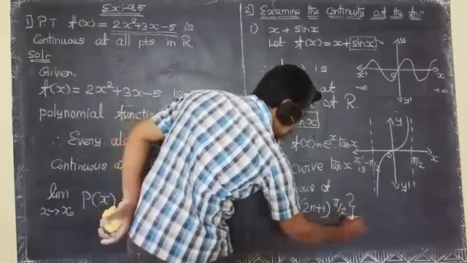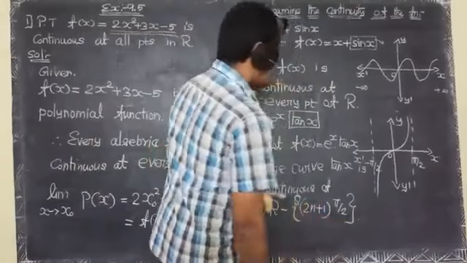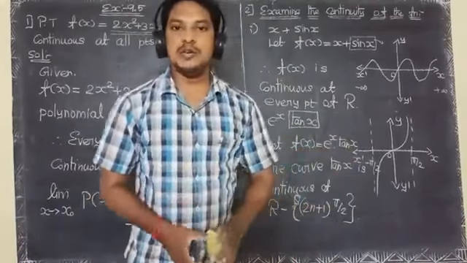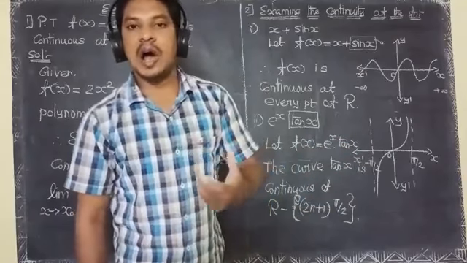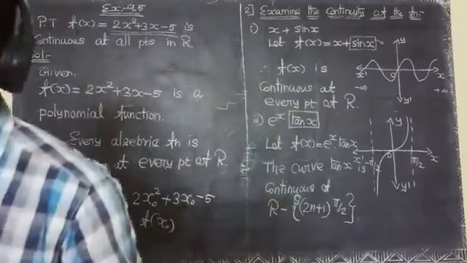Therefore, the given curve f of x equal to e power x into tan x is continuous on capital R except (2n plus 1) into pi by 2.